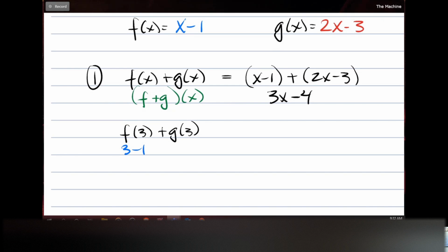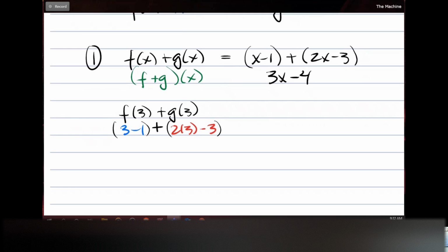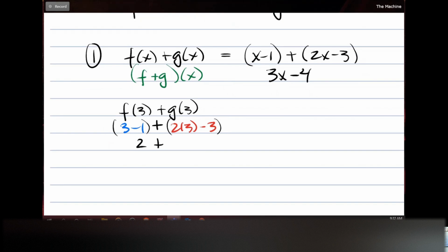Agreed? And then g of 3 is going to be 2 times 3 minus 3. You agree with that? And all I'm really doing is the addition of whatever that output is. So that's going to be 2 plus 3. I get 5 as my final output. You agree with that?